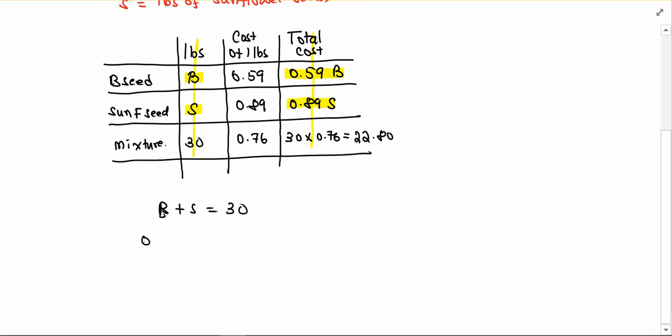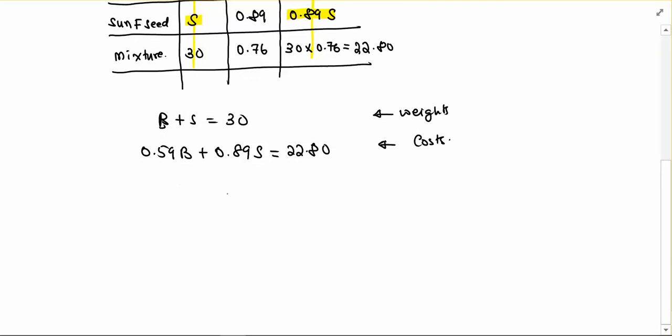And 0.59B plus 0.89S is equal to 22.80. So this equation is about the weights, and this equation is about the costs. And now we solve the system of equations. You can use the addition method or the substitution method. Doesn't matter which you use. So let me write it cleanly here.